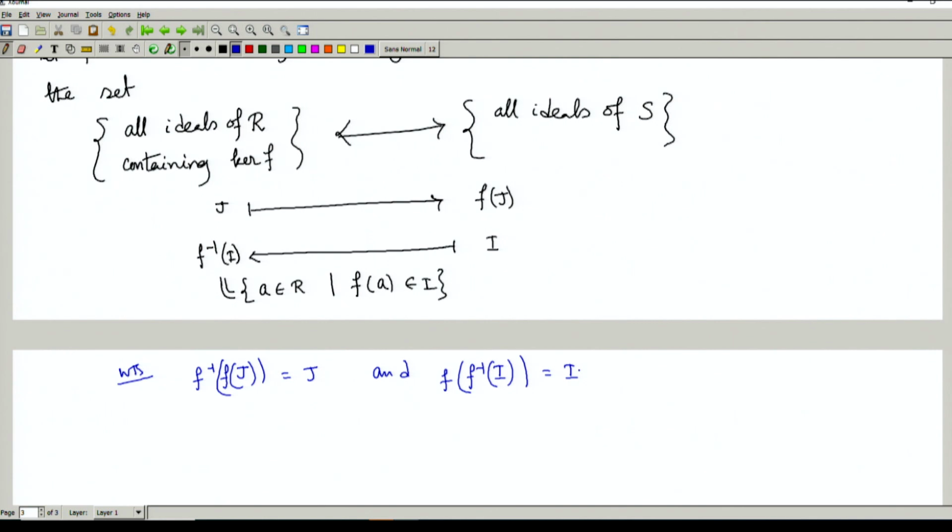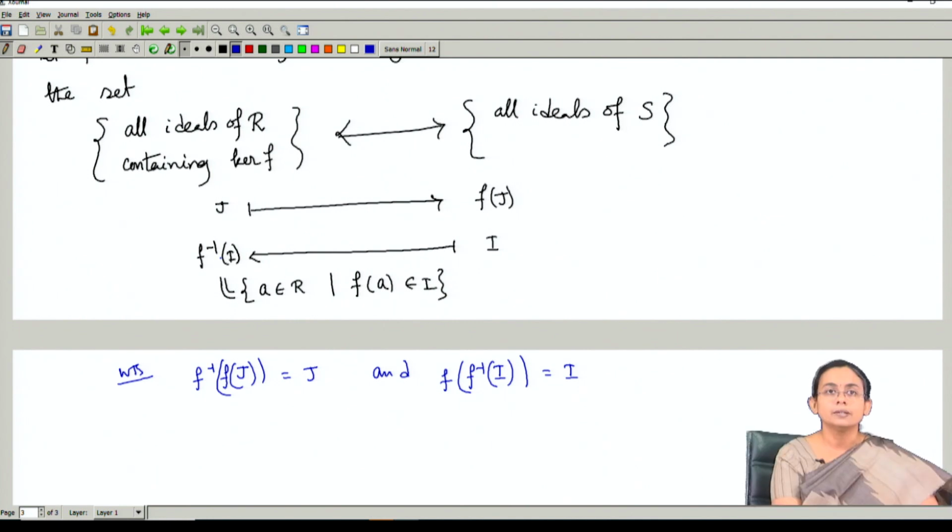But before proving these two equalities, I need to first check that if you start with an ideal J in R containing the kernel, then its image will again be an ideal of S, and if you start with an ideal in S, then its pre-image is again an ideal in R. So, let us try to prove that first.